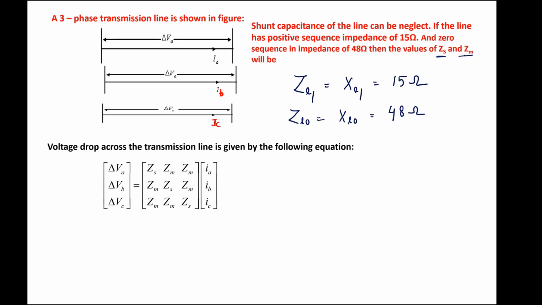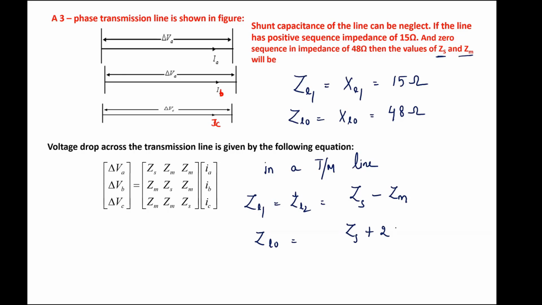Anyone? So we know that in a transmission line, the positive sequence impedance and negative sequence impedance are given by ZS minus ZM, and the zero sequence impedance is given by ZS plus 2ZM.